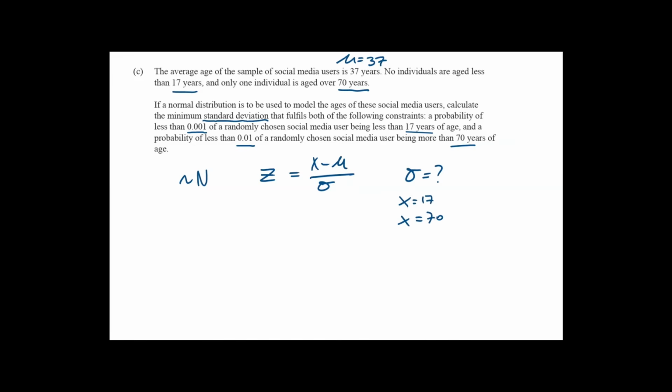Each of those will require a different Z level. The Z level goes with the amount of standard deviation. The mu is given to us explicitly as 37, and that's not going to change.